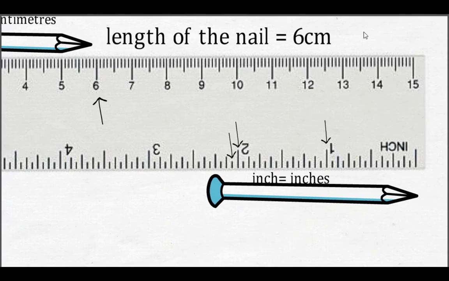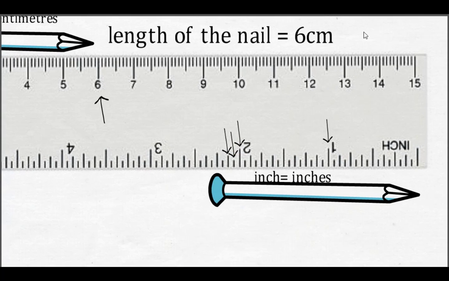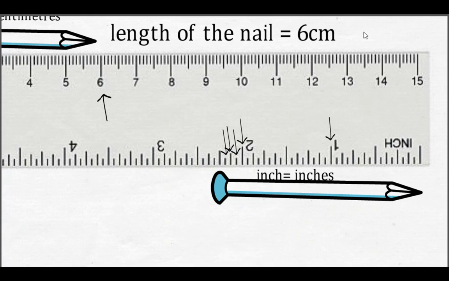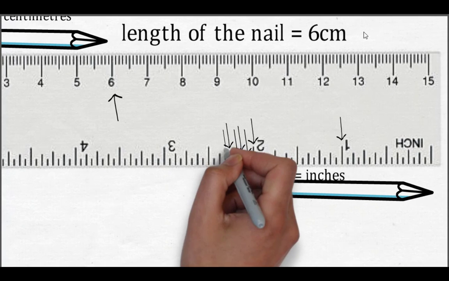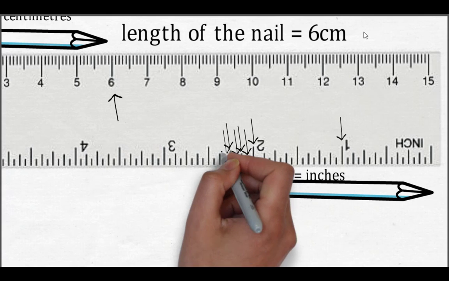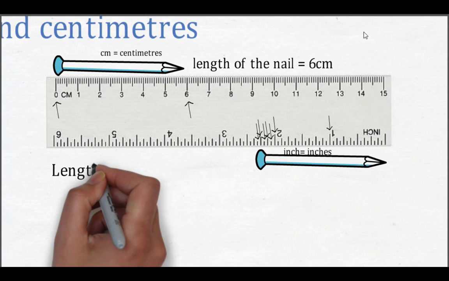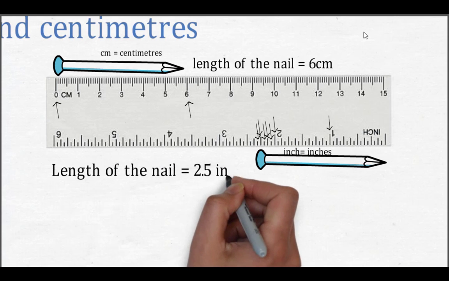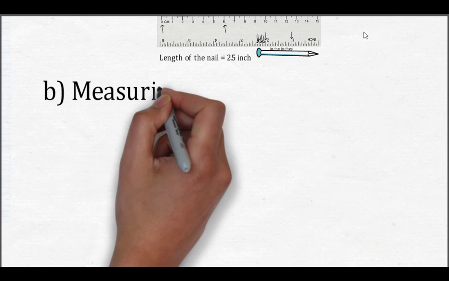We will call it point 2.1, 2.2, 2.3, 2.4 and 2.5. Now we understand how to measure inches, is it not? So the length of the nail is equal to 2.5 inches. Very easy, is it not?